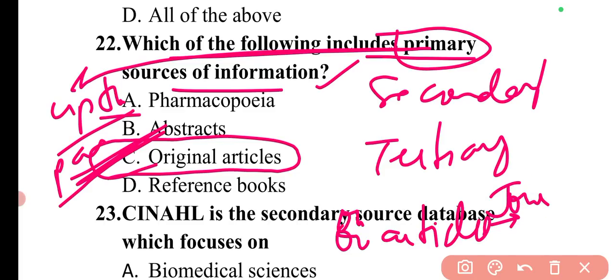If you find any articles online, various research articles, review articles are available. Those are the original articles, and sometimes some are trial based studies which are undergoing. So those are the unpublished studies. So these different information comes under the primary sources.